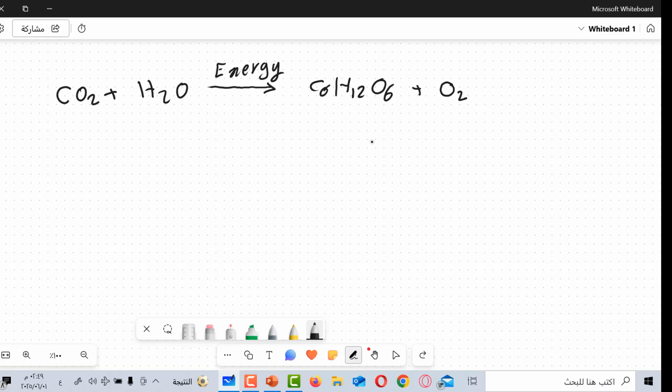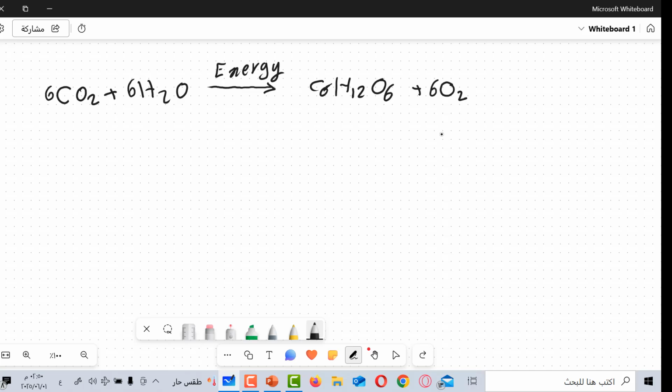But this formula is not balanced. To balance it, we must put 6 in front of some molecules. We will not put any number on the sugar, but we will put 6 in front of CO2 and H2O, and 6 in front of O2. Now this is the true formula.